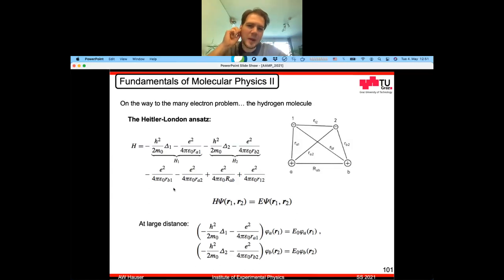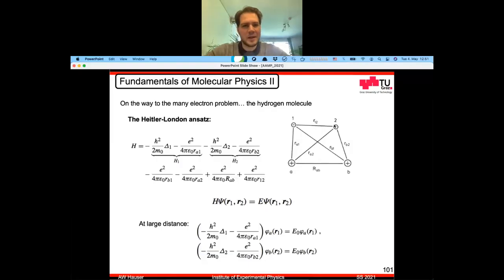We say we have atom A and atom B, and we have 2 electrons, 1 and 2. So we use 1 as the index denoting the electron, 2 as the index to denote the second electron, and A and B as an index to denote the nuclei. So we have distances, for example, RA2, meaning this is the distance between nucleus A and electron 2.